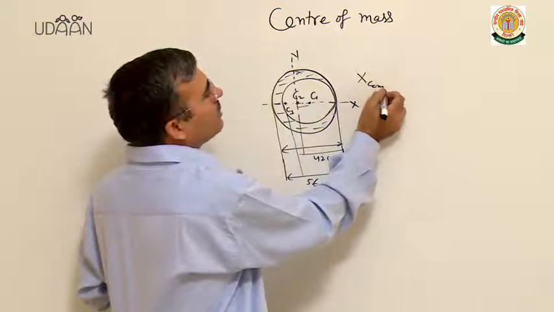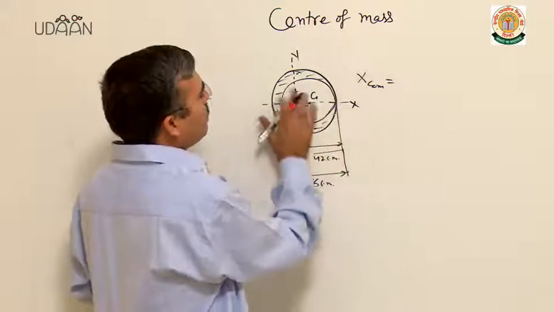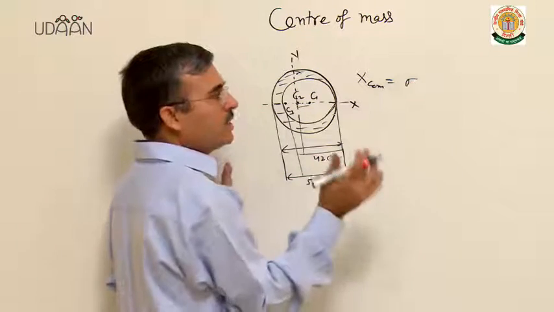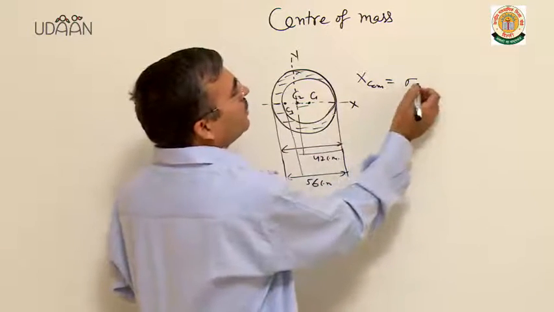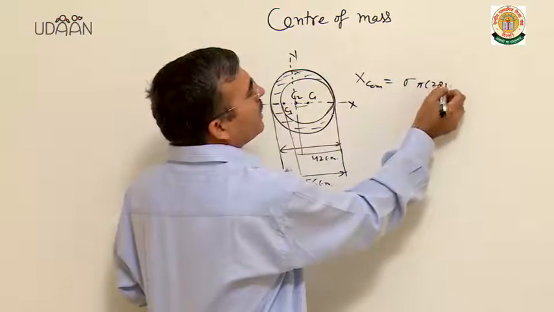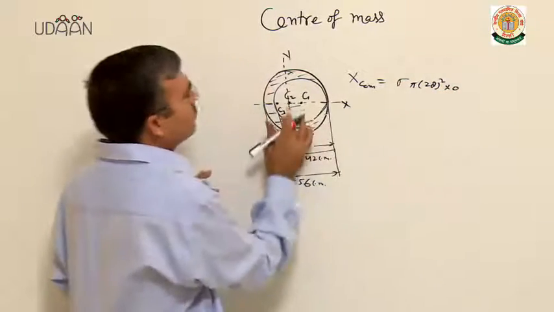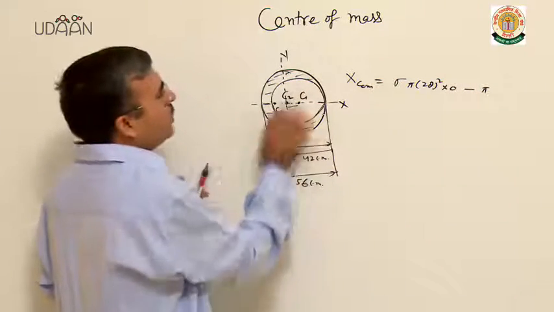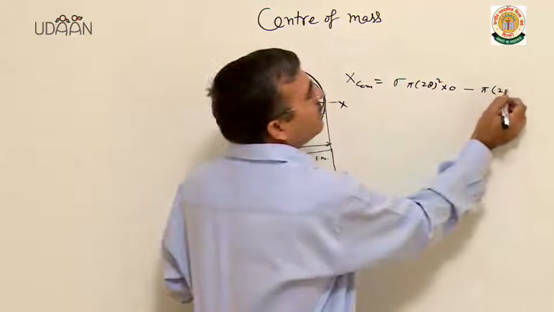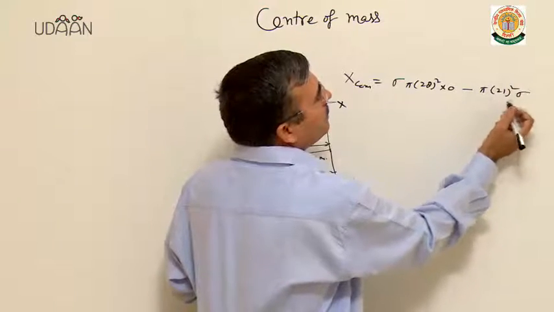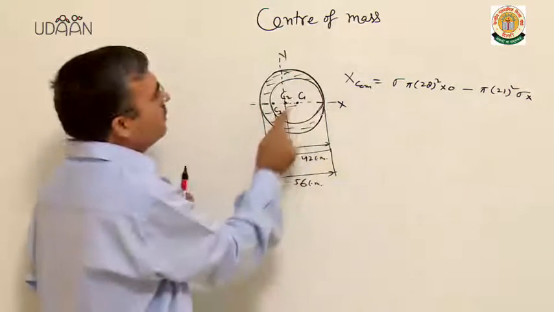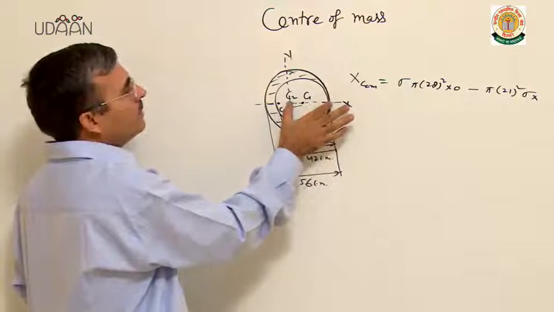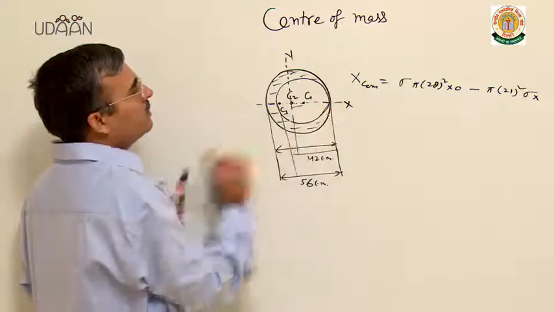So x com of the residual part will be total mass, suppose sigma is the mass per unit area, sigma into pi into 28 square into 0, minus pi into 21 square into sigma into its position with respect to this. What will the radius be? It is 28, it is 21, this will be 7.